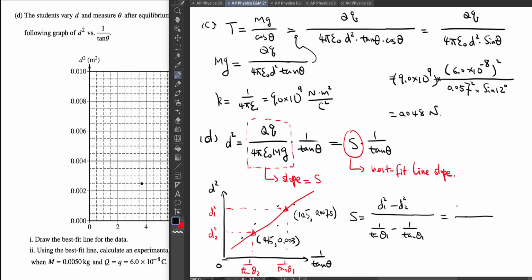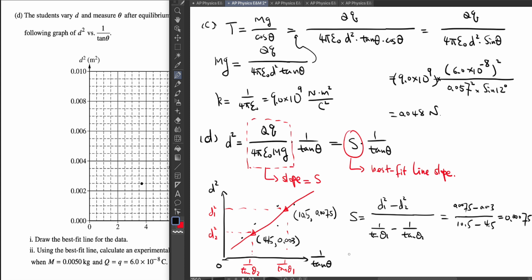The calculation is given by this equation, and then the answer is 0.00075. Okay, that's the slope, and slope equals this expression. We already talked about that.